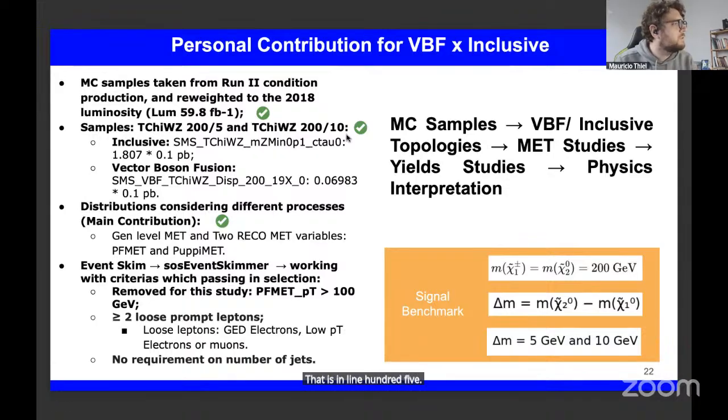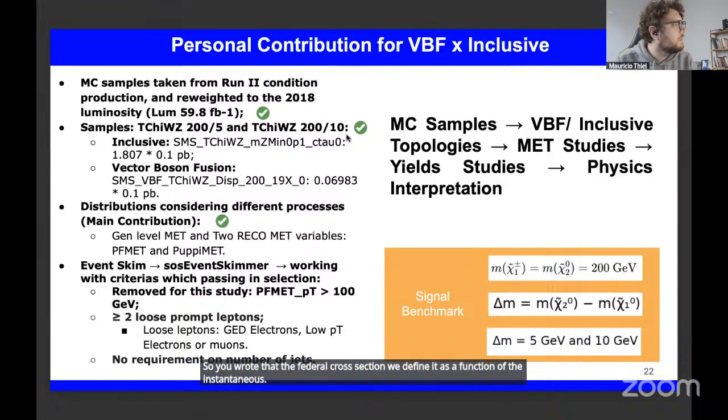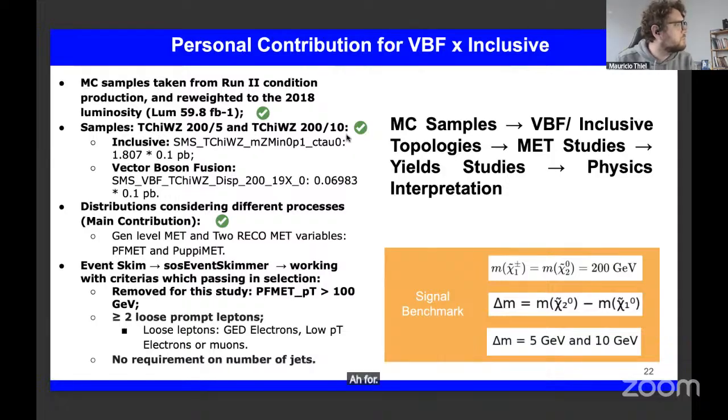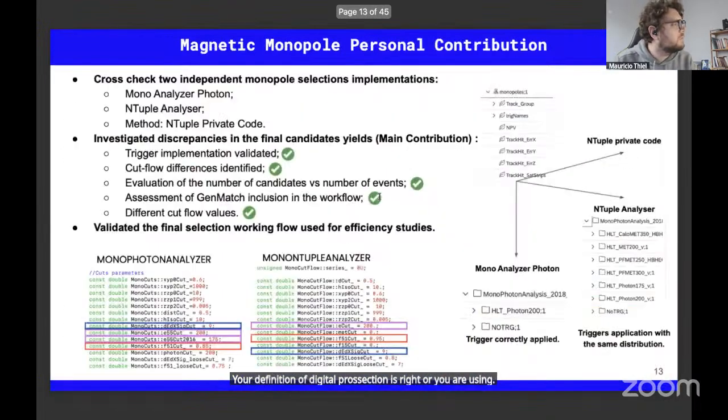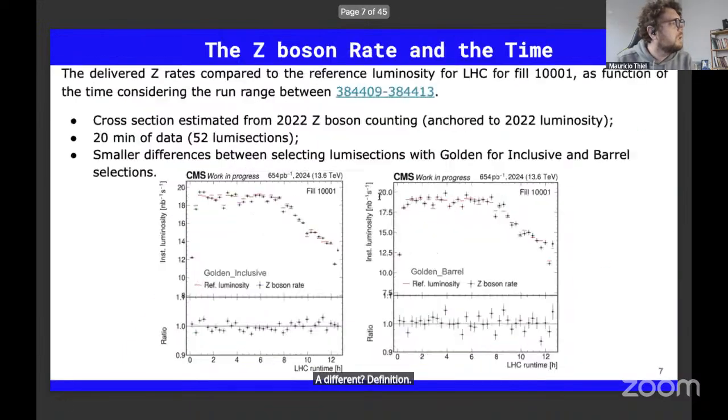You wrote that the fiducial cross section is defined as a function of the instantaneous luminosity for a process with a well-known production cross section. I don't know if your definition of fiducial cross section is right, or if you are using a different definition than the one I'm used to.